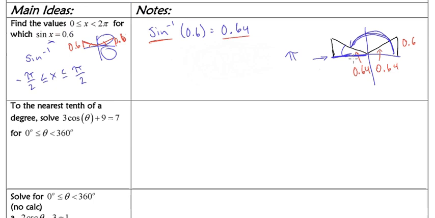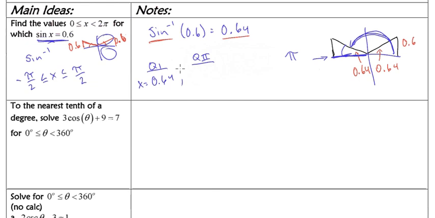So let's go ahead and set that up. In quadrant 1, we already have our answer. So in quadrant 1, our answer is that x is equal to 0.64, but sine of x is equal to 0.6. Sine of x will also be equal to 0.6 in quadrant 2.